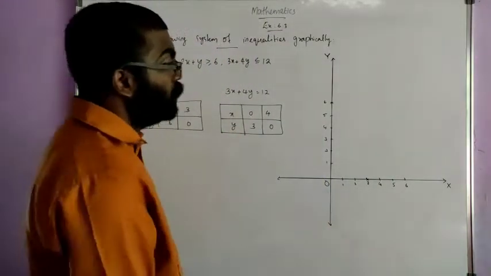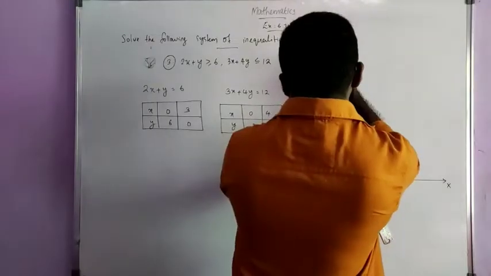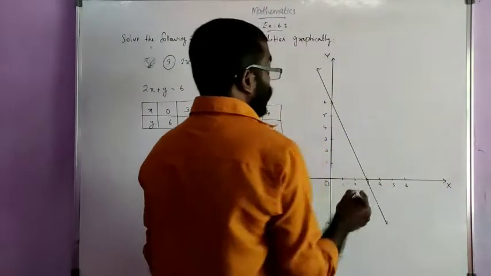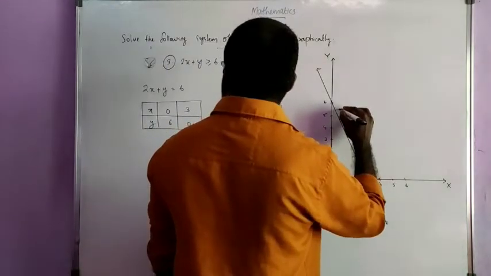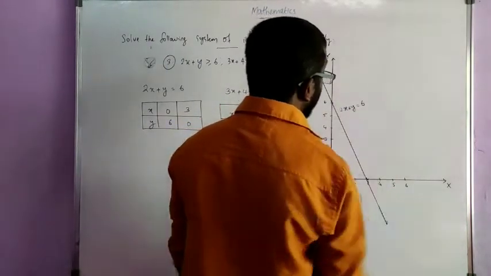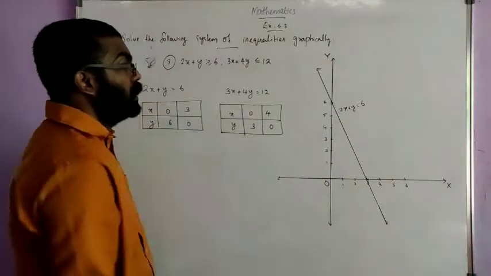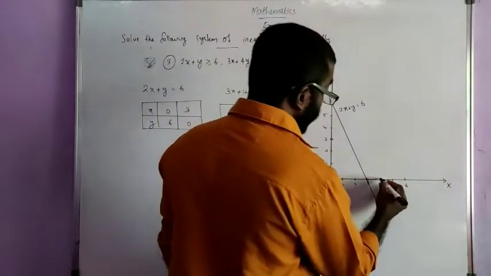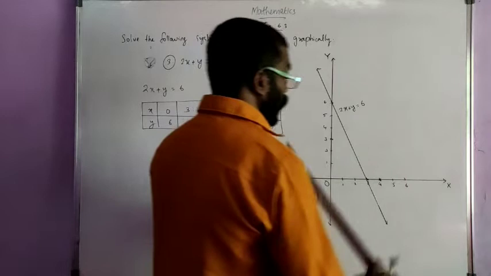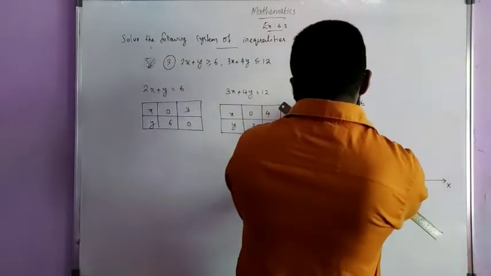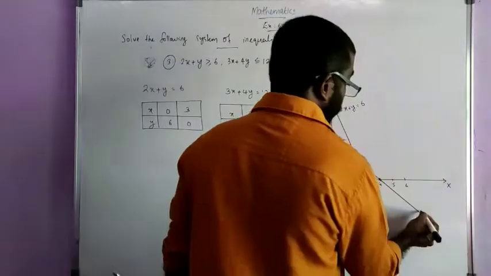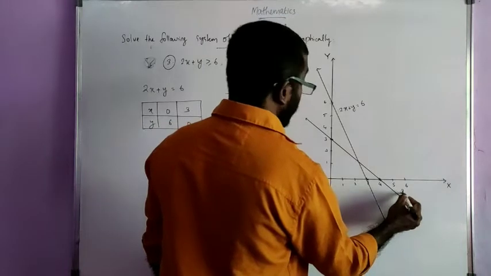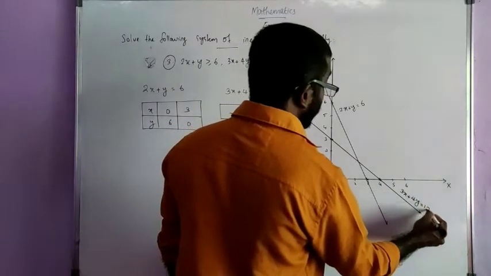Now we can join these 2 points using a straight line. And we can write 2x plus y is equal to 6. Now we can draw the next one. 0, 3. Next point is 0, 3 here and 4, 0 here. Here also we can join. And here we can write 3x plus 4y is equal to 12.